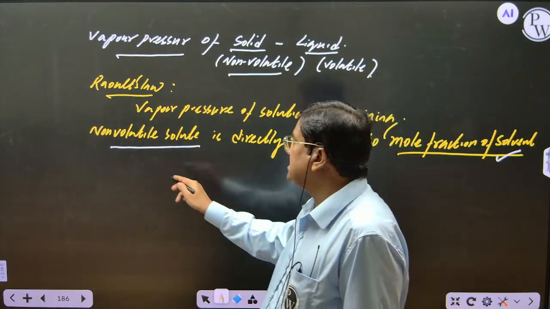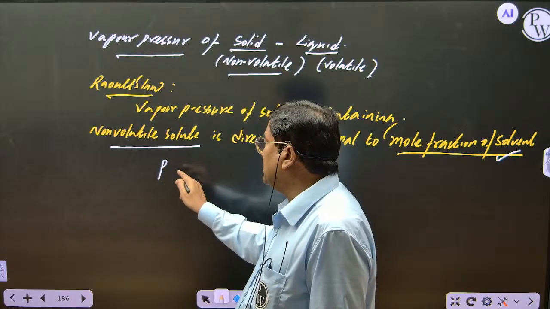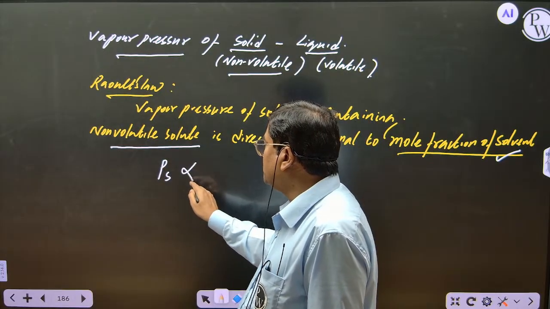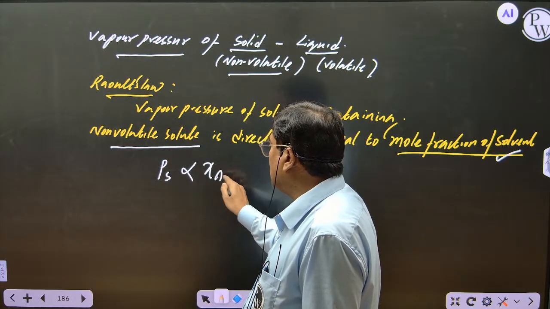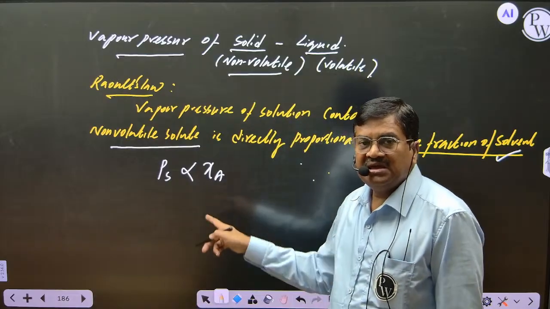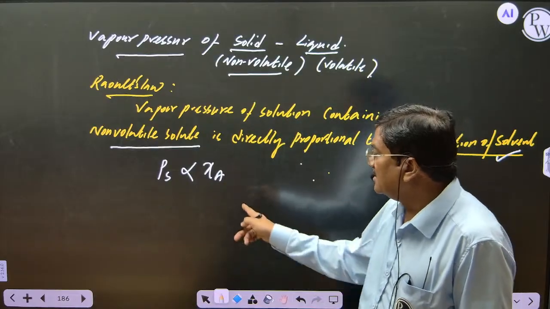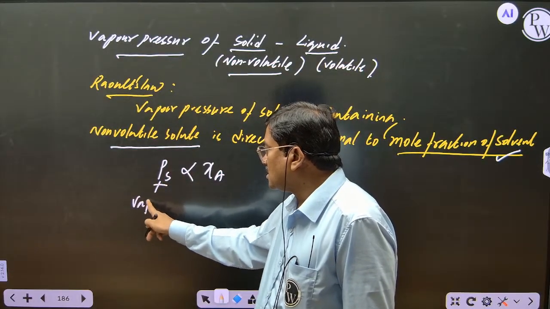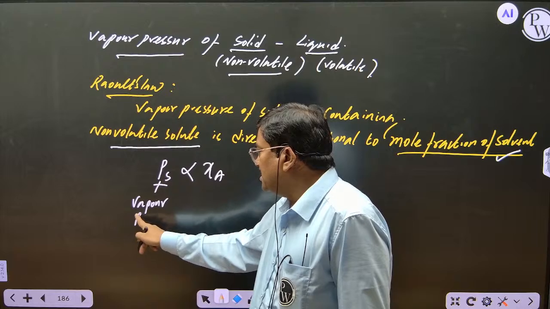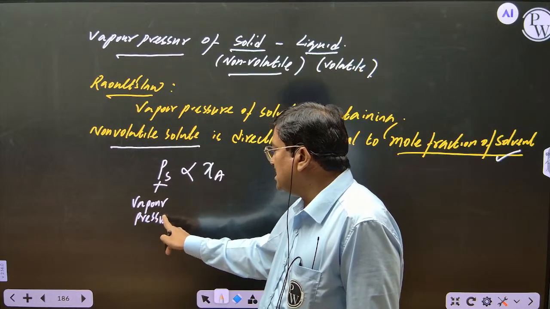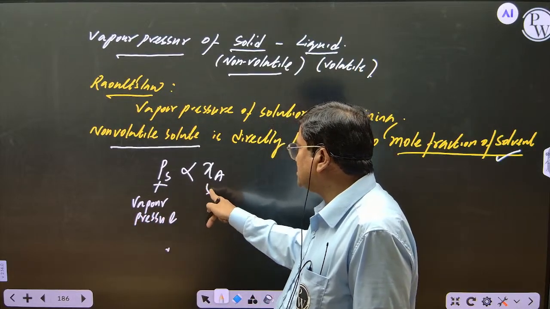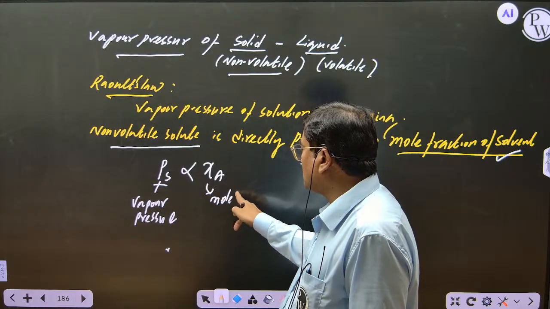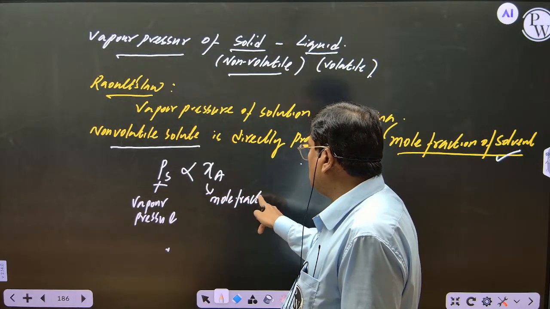And this relation mathematically we showed: Ps is directly proportional to chi, where chi is the mole fraction of solvent, no? Ps is the vapor pressure of solution. Are you getting my point?